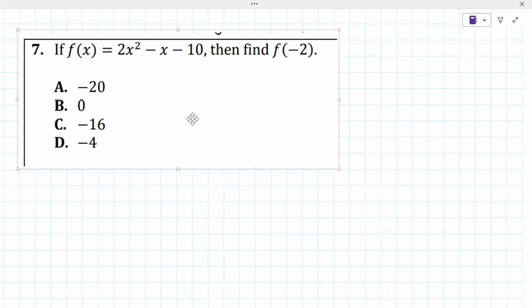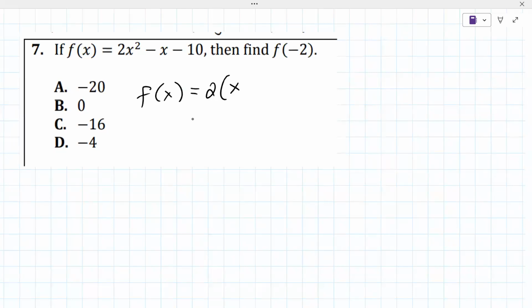I think you would plug -2 in, but I'm not super sure. Yeah, so I'm going to rewrite this for you. It's 2 parentheses x squared minus parentheses x minus 10. Give that a try.